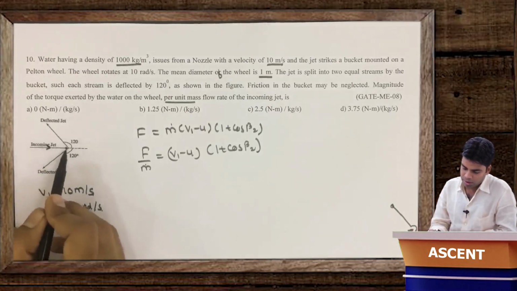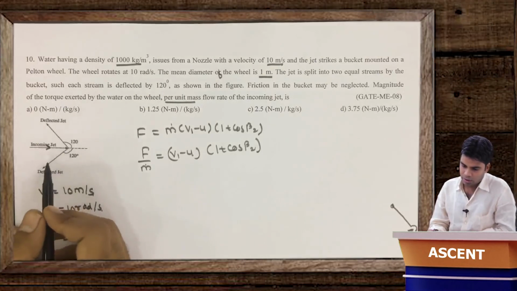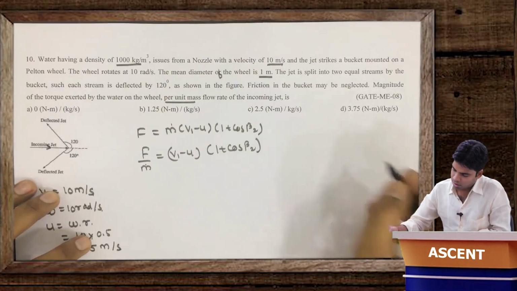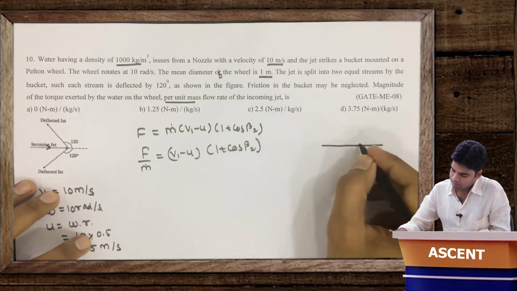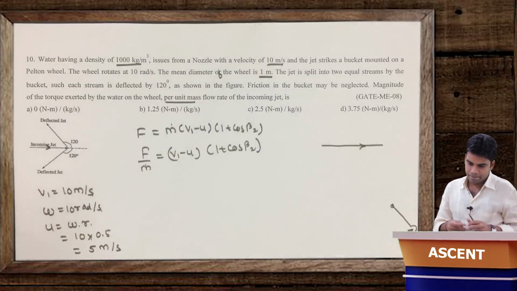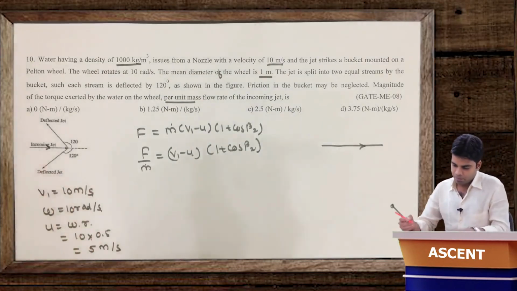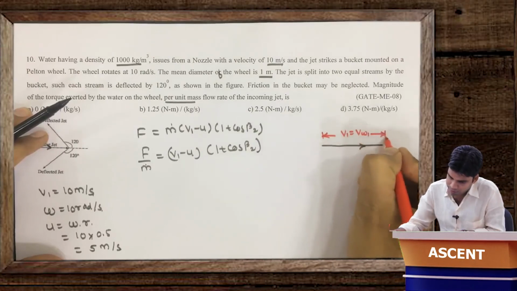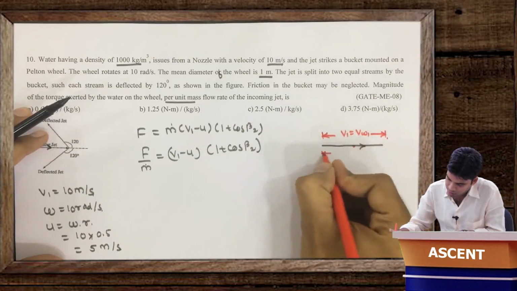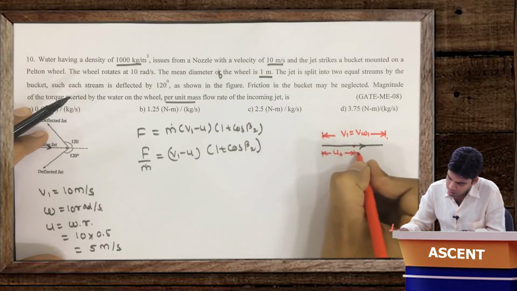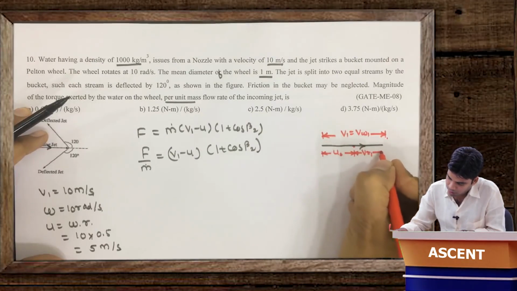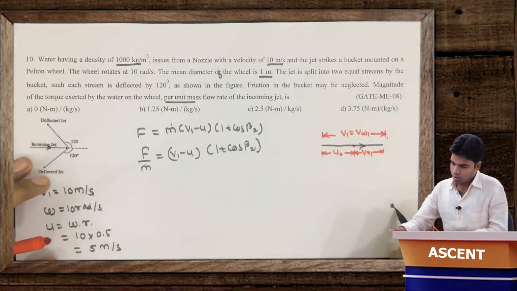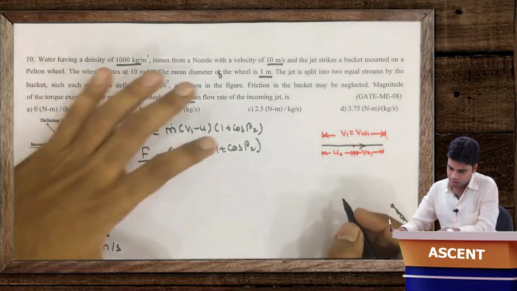Okay, so this is our incoming jet, this is the outgoing jet, and the value of this beta 2 if we want to determine, so this is our incoming inlet velocity triangle, in which V1 will be equal to VW1. Getting this? Here we have U1 or U, you can say, and here we have VR1, which is equal to V1 minus U. Okay. Now what about outlet velocity triangle? So outlet velocity triangle is like this.